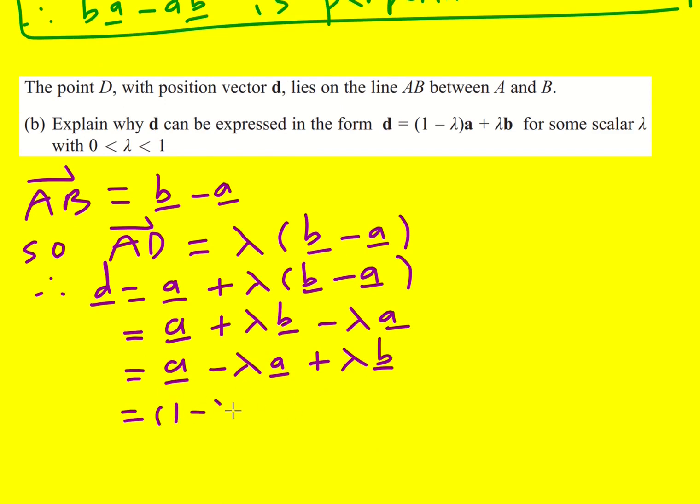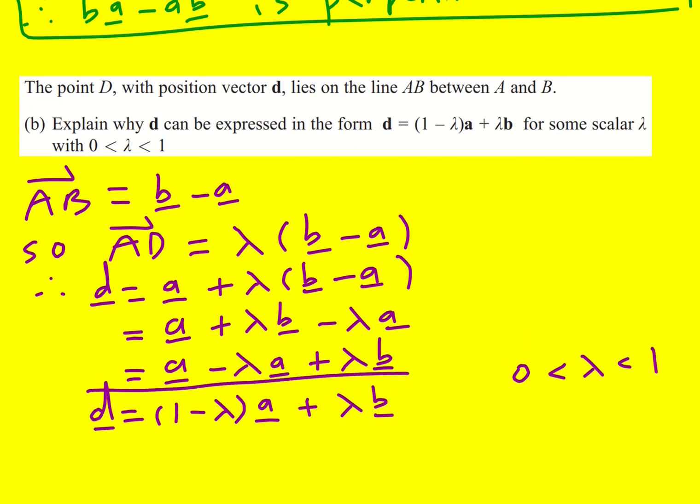So it's going to be 1 minus lambda times A plus lambda B. I probably should have just quantified earlier on that lambda is going to be between 0 and 1. And I've done this part. Nice.